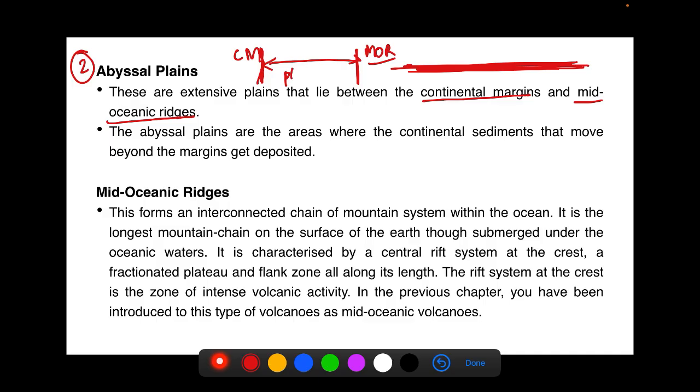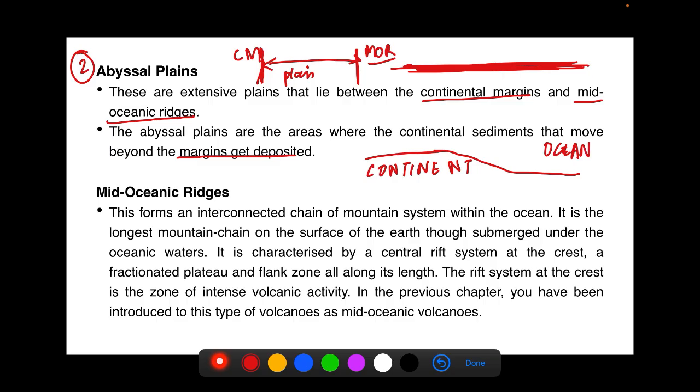The plains between these are the abyssal plains. Abyssal plains are the areas where the continental sediment that moves beyond the margin gets deposited. There are certain sediments, certain particles, which move from the continent area into the ocean area. These sediments have to get deposited somewhere.